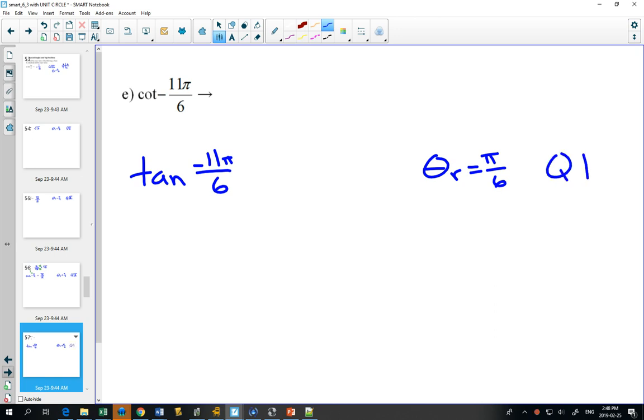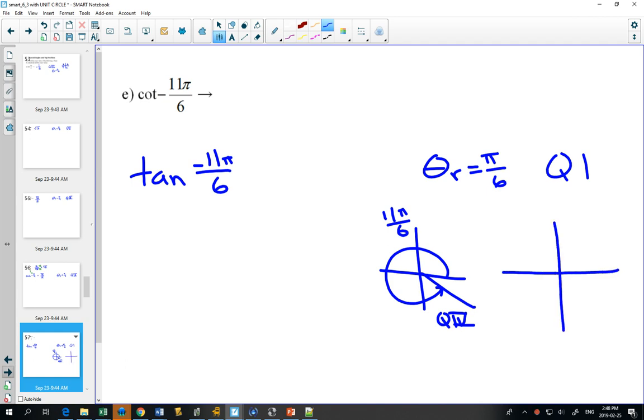Quadrant 1. One of the things that I do for negative angles, okay, first of all, are you okay if I write 11 pi over 6 as being in quadrant 4? And so if positive 11 pi over 6 is in quadrant 4, does it make sense that when I'm going in the negative direction, I would go 4 quadrants in the negative direction, but that would mean I would end in quadrant 1?